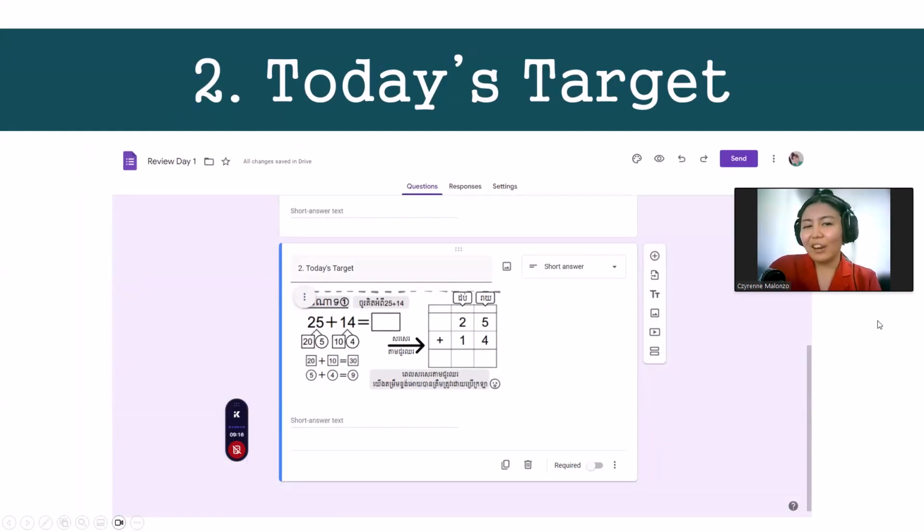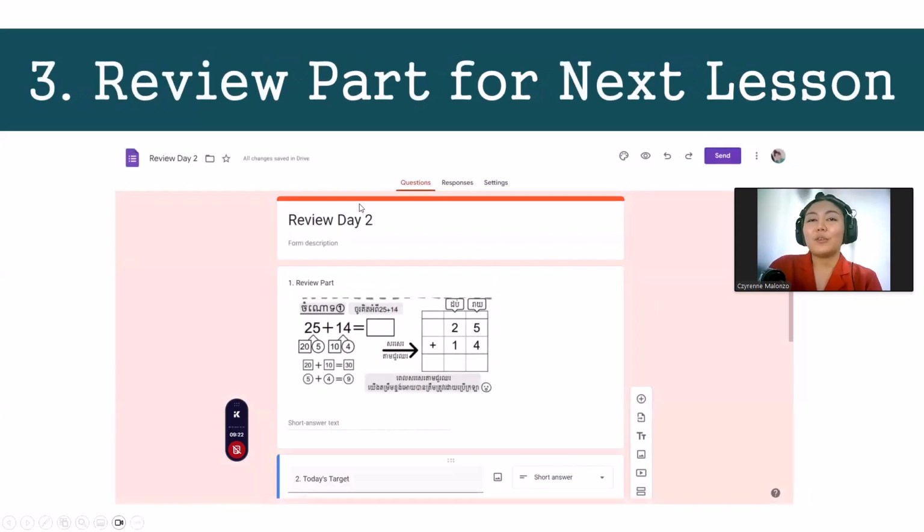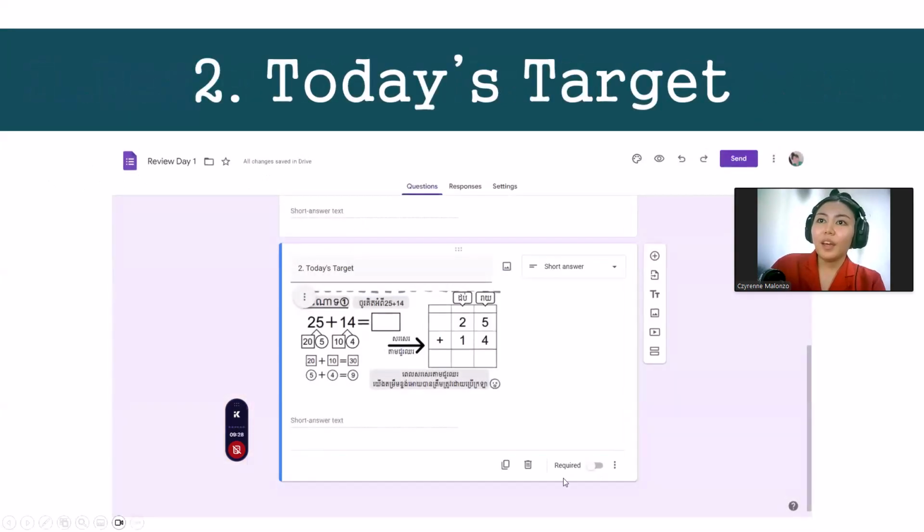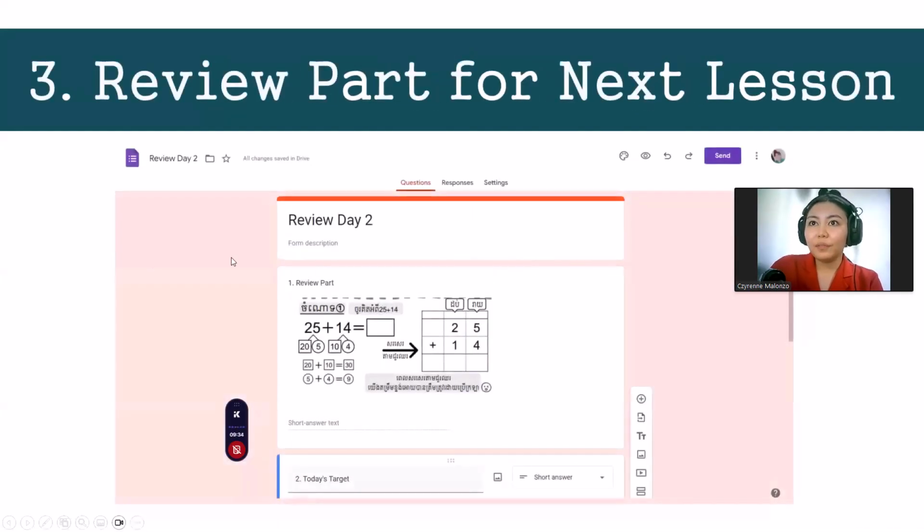And again, of course, you will have to do this tomorrow or the next day. So now we have review day 2. As you can see, today's target is 25 plus 14 equals, and the review part is the same, 25 plus 14, because that is how it should be.